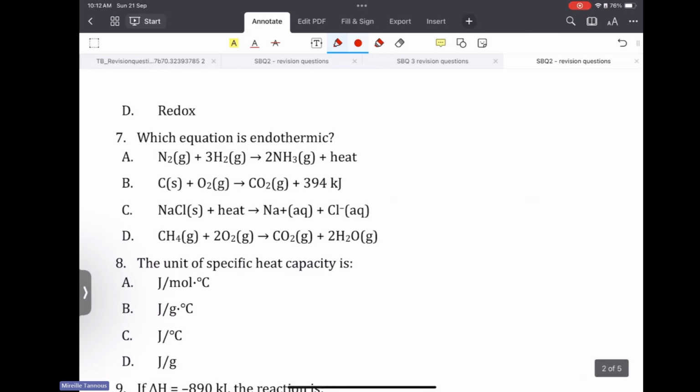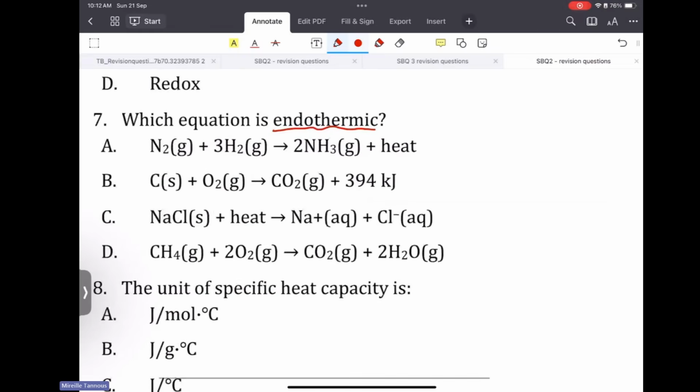Which equation is endothermic? When I want to know if a reaction is endothermic or exothermic from a given equation, I need to look to see if the heat is written with the reactants, either heat or a value, like this one. Here it's written in the products, not endothermic. Here as well, here's the arrow that splits reactants from products. It's also written with the products.